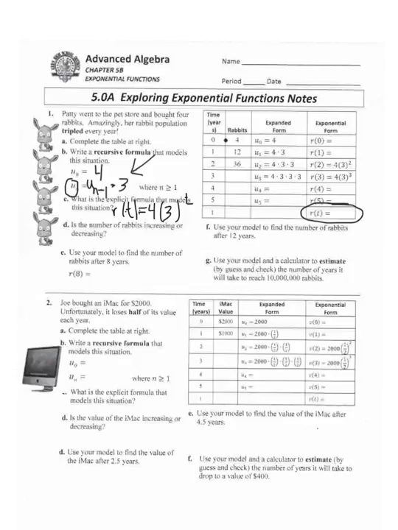So we used R for rabbits and t for time. Those variables could change depending on the problem.